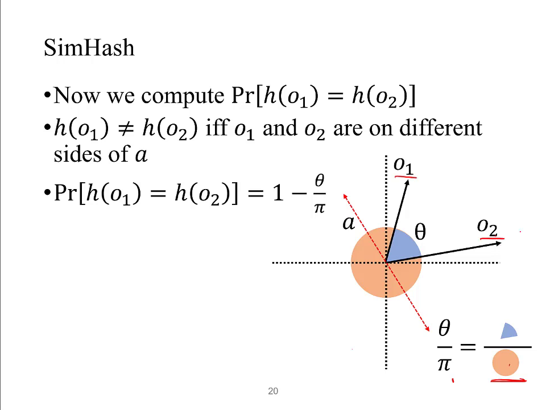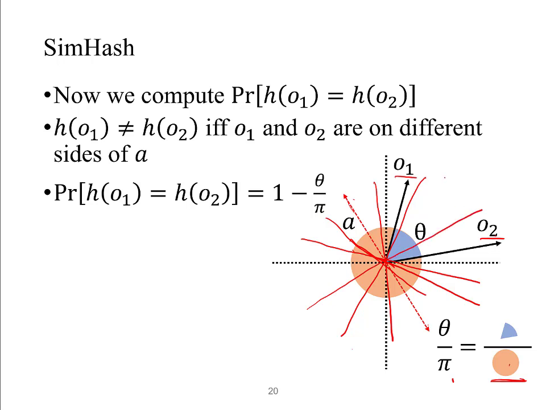This is O1, O2. This is theta. So for this hyperplane, O1 and O2 are on the same side, so the hash value would be the same. And also for this one and this one, you can try. Sorry, it should cross the origin point, but you can try different hyperplanes, and only when the hyperplane crosses this blue area does it divide O1 and O2 onto different sides, and then the hash value would be different.